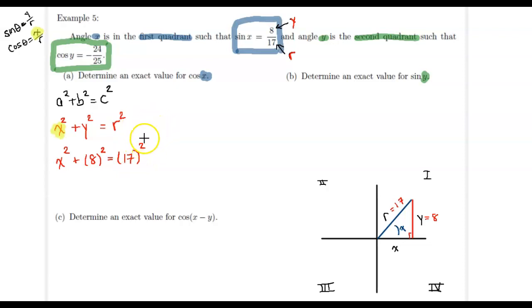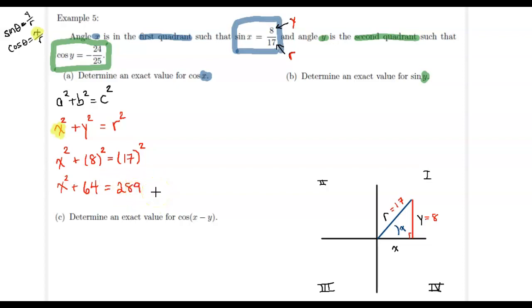So x squared plus 8 squared, 8 squared is 64, and 17 squared is 289.